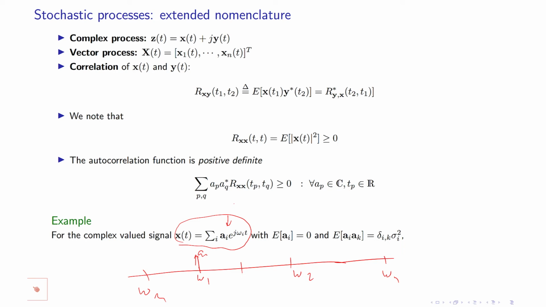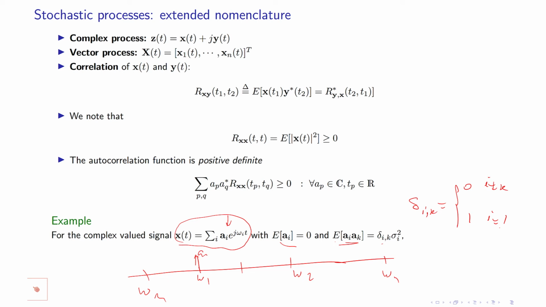Assume that the expected value of Ai is 0, and these Ai are uncorrelated. That means that the expected value of Ai times Ak conjugate is 0 if i is not equal to k, and it's 1 if i is equal to k, so that means they may have different variances.